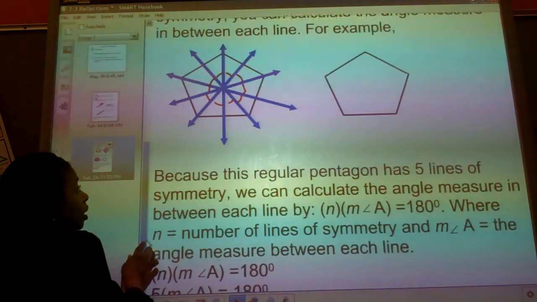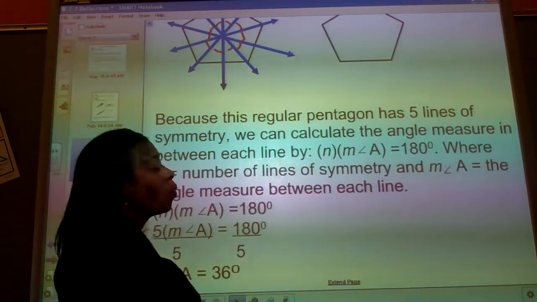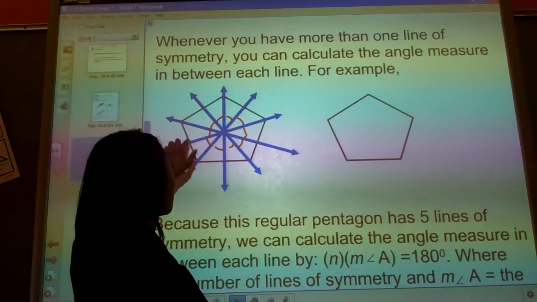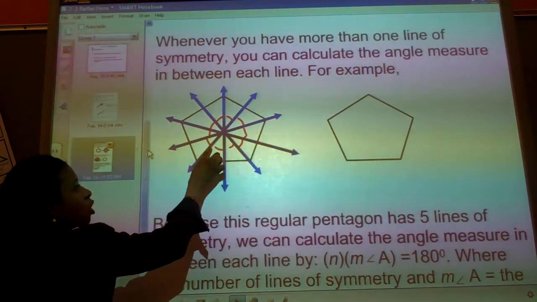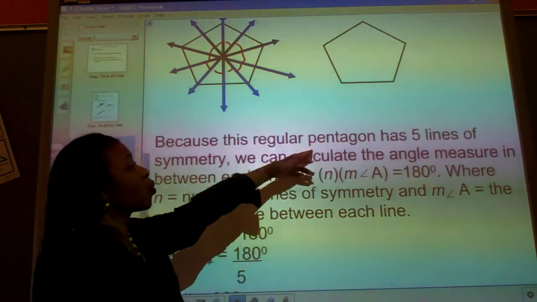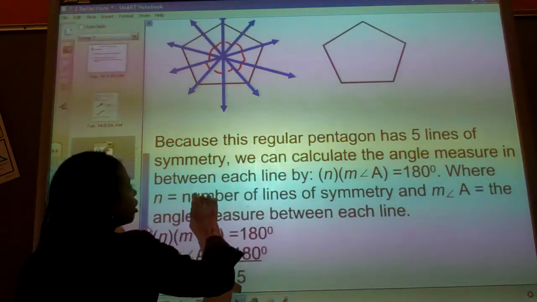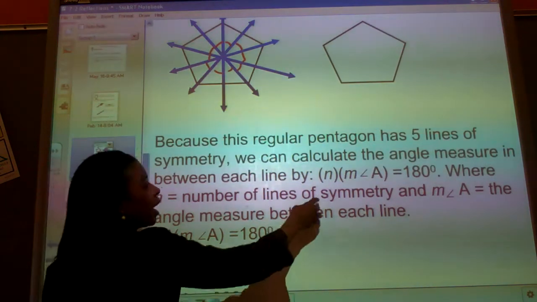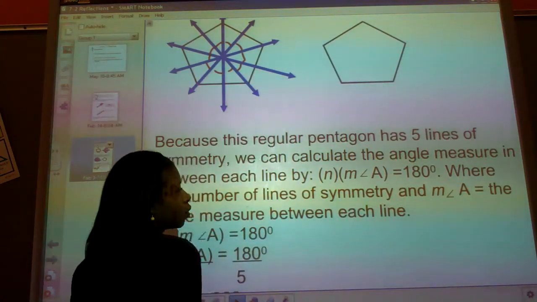Okay? And looking at this 5-sided pentagon on here, we can calculate, as I stated, the angles in between by using an equation. So if I want to know what's the angle of measure, simply done. Because it's a regular pentagon, it has 5 lines of symmetry, we can calculate the angle of measure between each line by n times the measure of angle A equals 180 degrees.